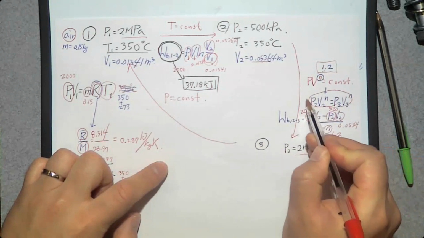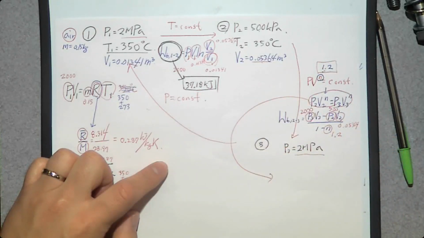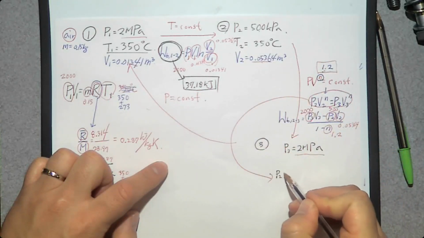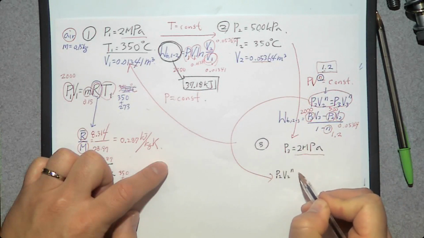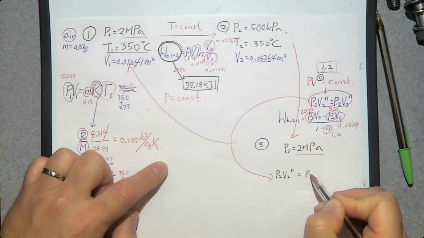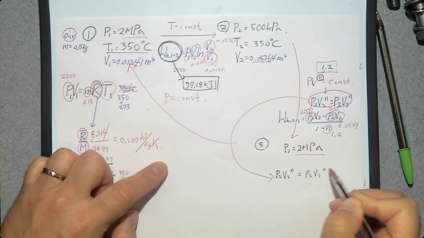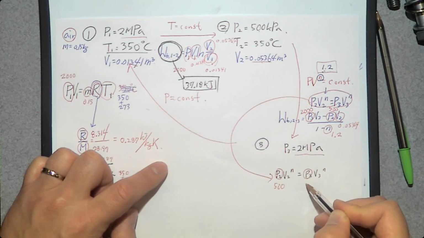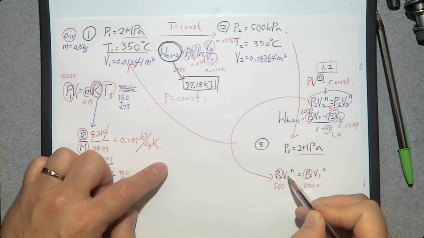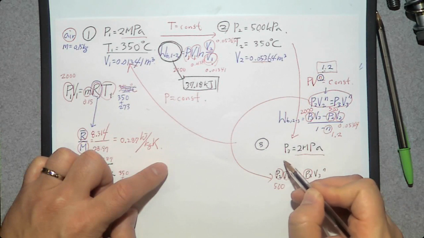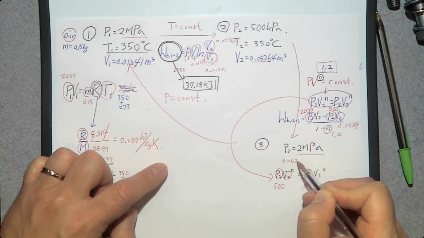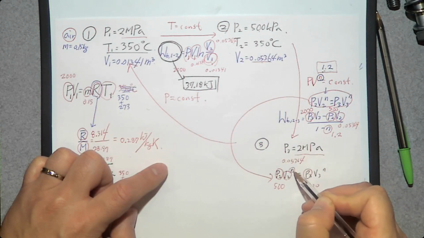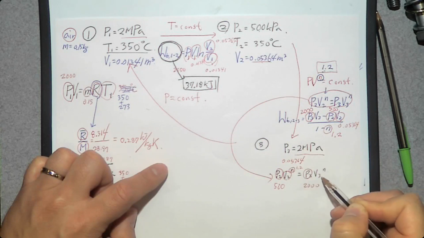So this relation, P2 V2 to the power n is P3 V3 to the power n. P2 is 500, P3 is 2000, V2 is 0.05364, N is 1.2.